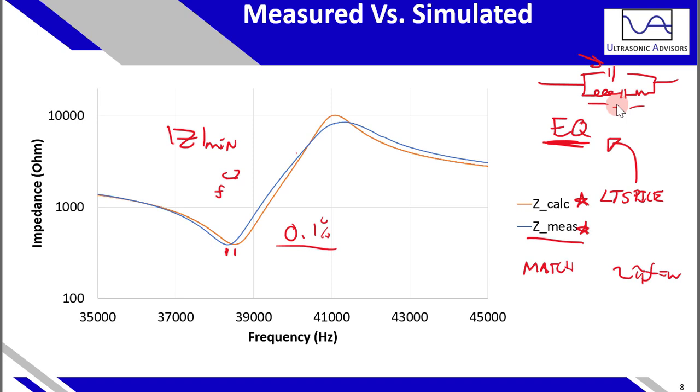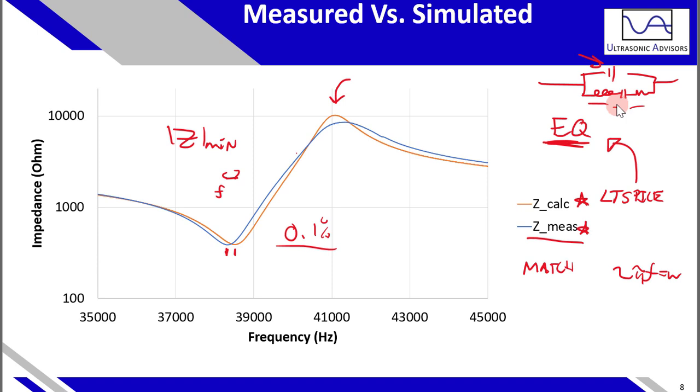The more scientifically significant difference is here, at the anti-resonance frequency. As you see from the orange calculated value, it is sharper and has a more pronounced peak than the measured value.